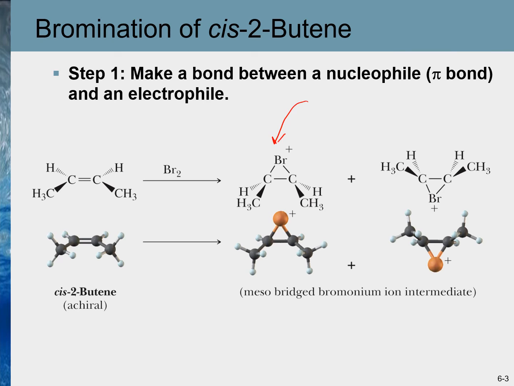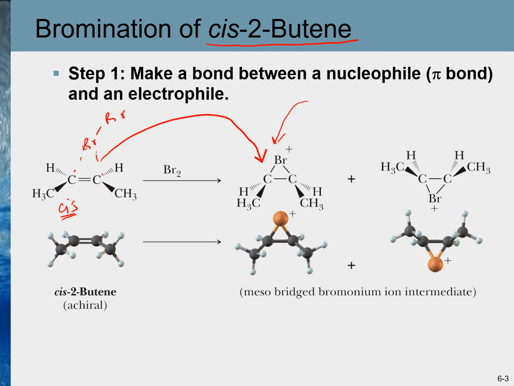If we start with cis-2-butene, so our starting alkene is cis, we will get two possibilities of the bridged intermediate. Either the bridge will form on top, meaning the bromine attacks from the top. That's one possibility, and it leads to this intermediate.